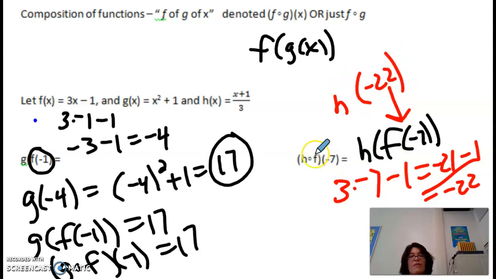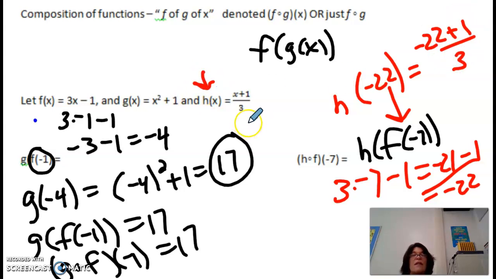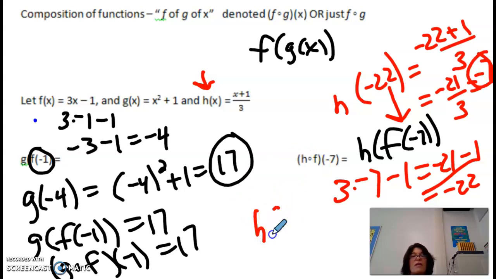Which means I put negative 22 in for x in the h function. Negative 22 plus 1 is negative 21. So I end up getting negative 7. Okay, interesting. H of f of negative 7 ended up being negative 7. It's an interesting situation.